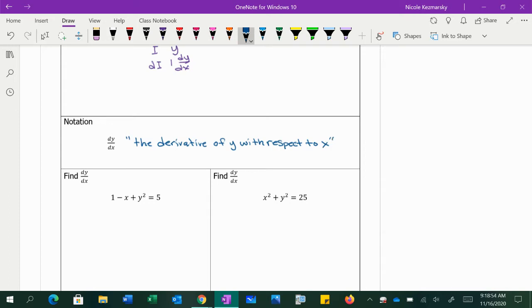So it's saying x is the independent variable, y is the dependent variable. And so you have to write that notation when you take the derivative of a y and your derivative is with respect to x.